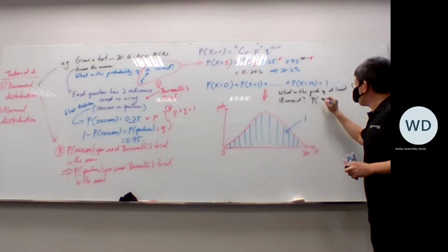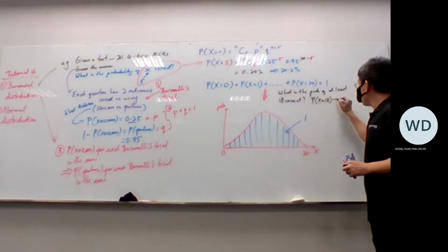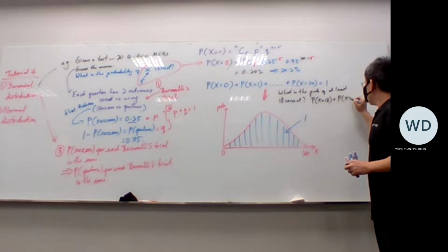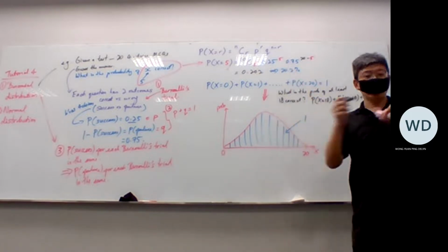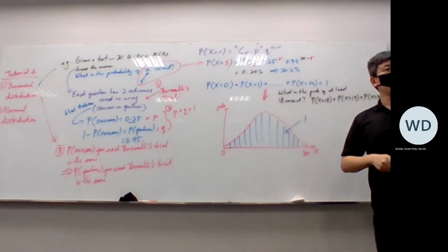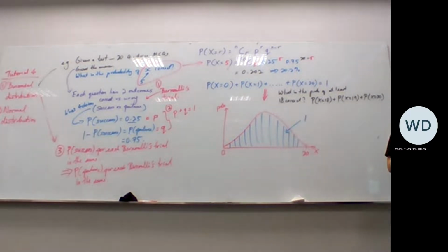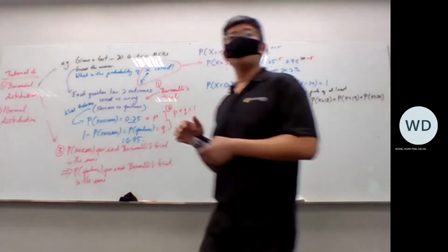So you just take 18 plus 19 plus 20. So you repeat the same equation throughout. Okay. That is essentially binomial distribution. They'll just ask you one type of question.